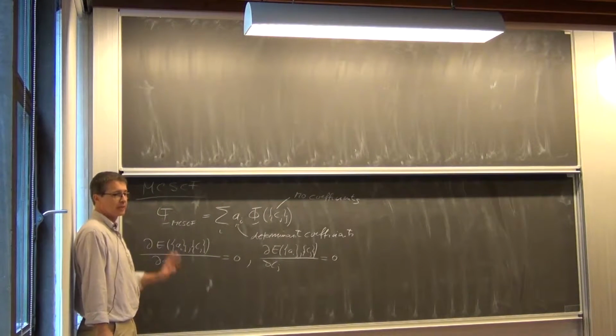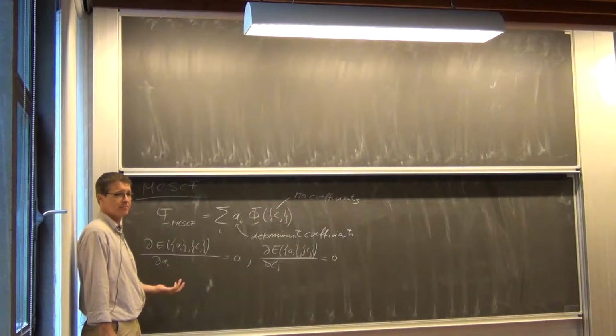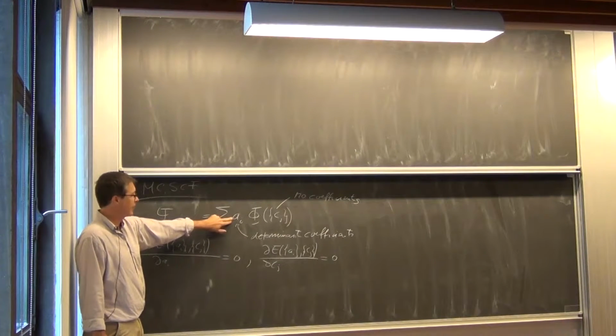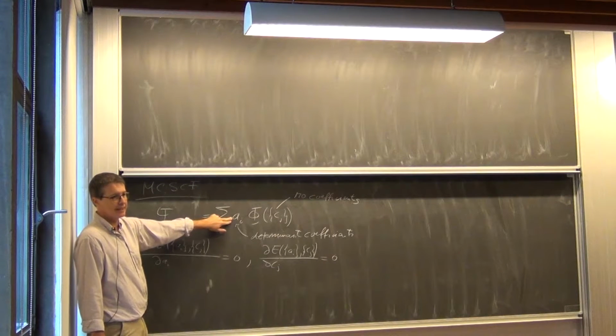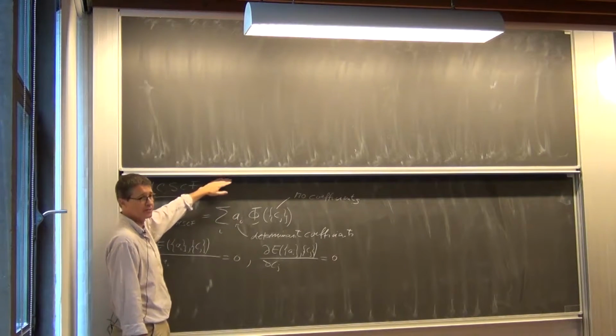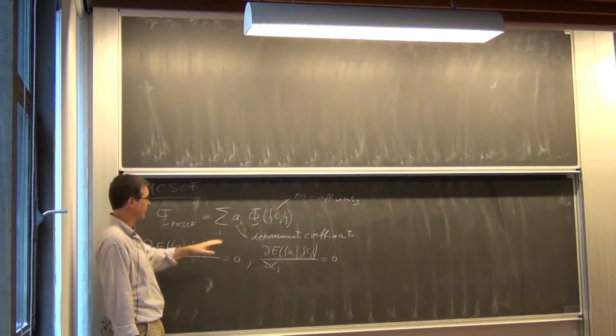Now, this of course is a more complex problem than doing configuration interaction calculations. Just optimizing the A's is what's called a linear variation calculation, which at least most of you probably have seen in some molecular orbital course. So that gives linear equations.